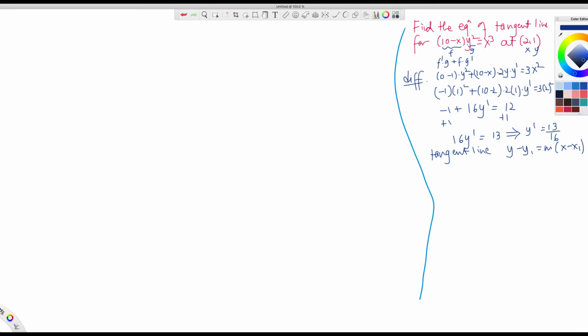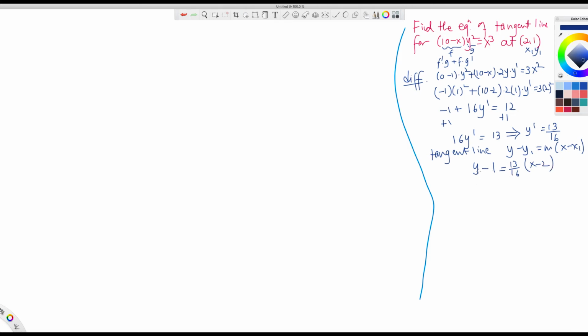All those values will be plugged in here. So you will get y minus y1, this is x1, y1, right? So you can write x1, y1 there. y minus 1 equals 13 over 16, right? And then x minus 2, you simplify that.